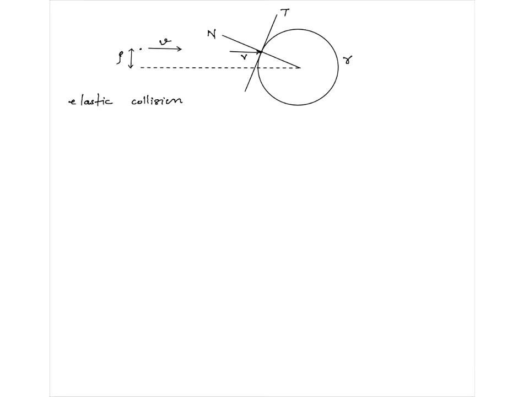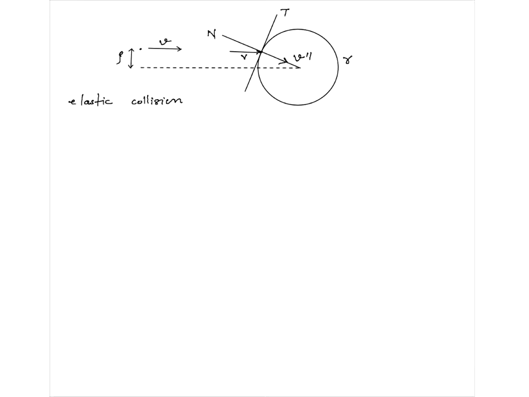Alright. So let's say the ball going in this direction has velocity v double dash. For the particle, this will be somewhat challenging.